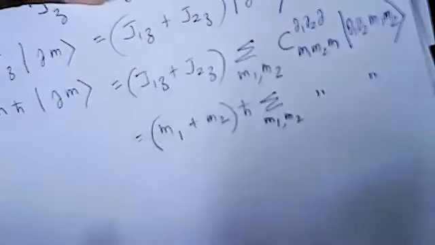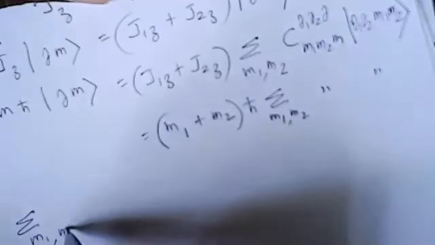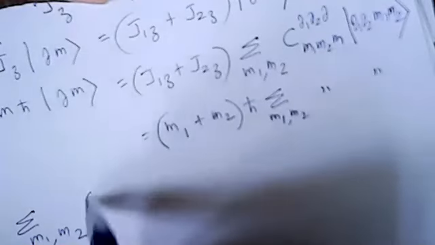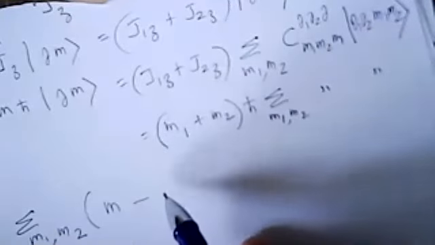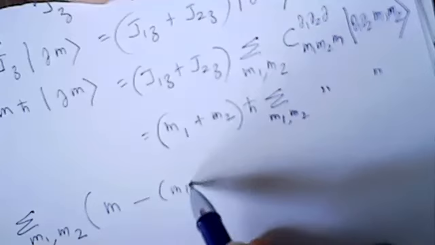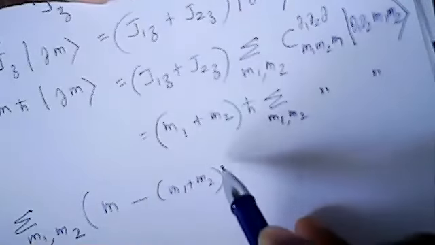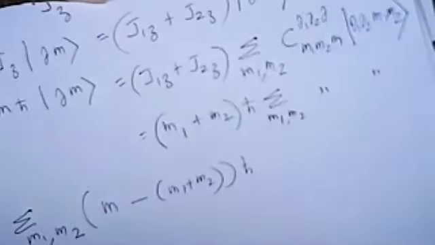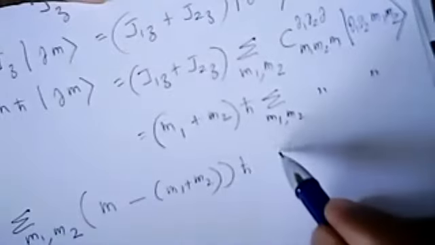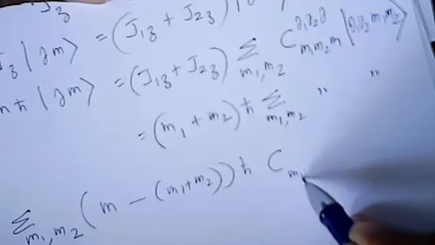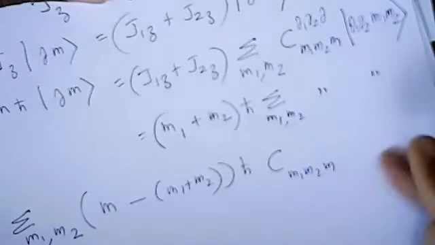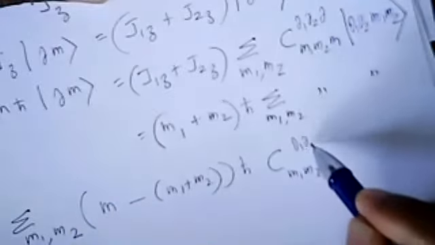So you can write sum over M1, M2, then (M minus M1 plus M2) times H cross, C M1, M2, M, J1, J2, J.